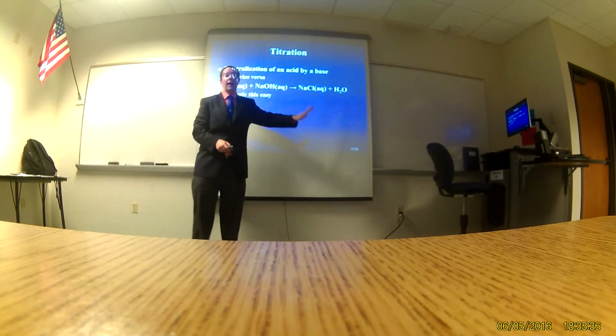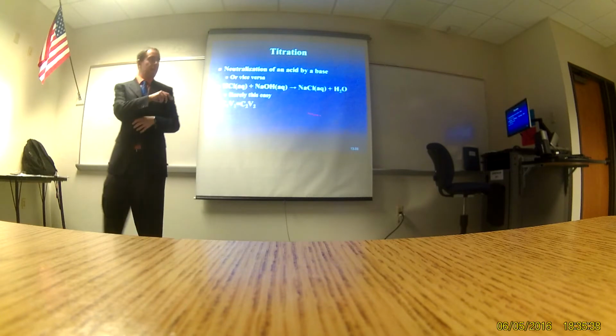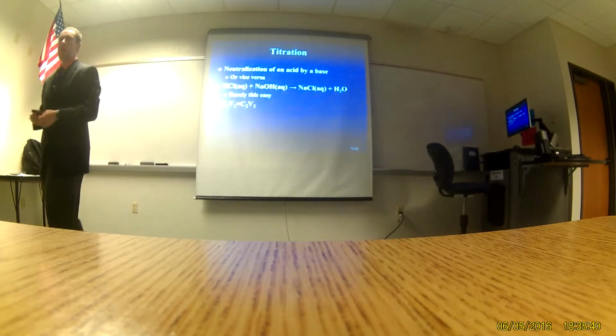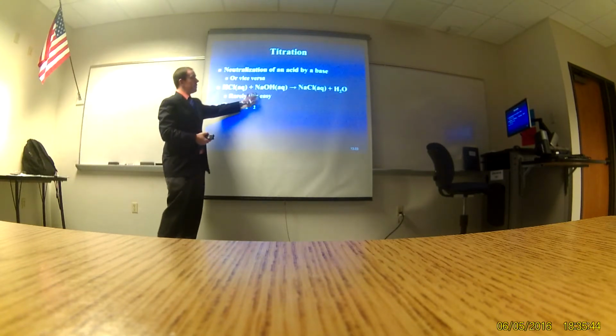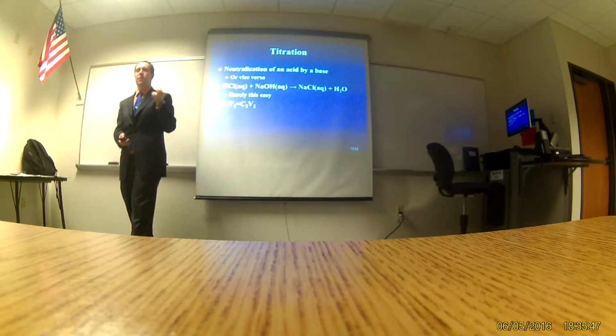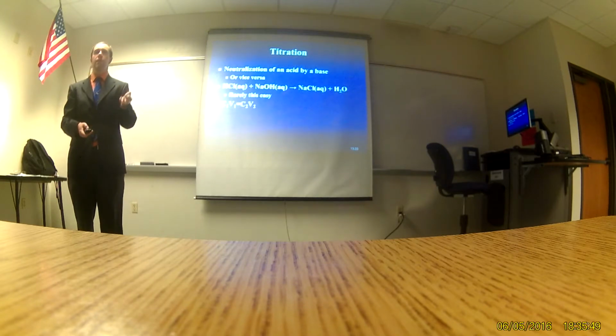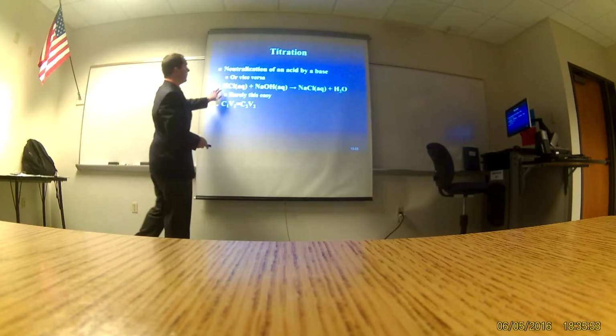Of the 4 types of reactions that we learned, which type is this? It's a double replacement. I think back then we said acid-base neutralization reactions were a specific type of double replacement, but I said don't worry about it. We're going to come back to acids and bases later on. It is now later on.